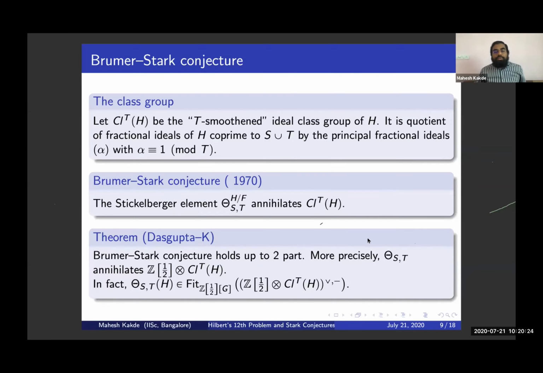So you allow some ramification. If you take the ideal class group, you have an everywhere unramified extension, but in this T smoothened version, you allow tame ramification at primes in T. So it's slightly bigger. So what does the Brumer-Stark conjecture say?